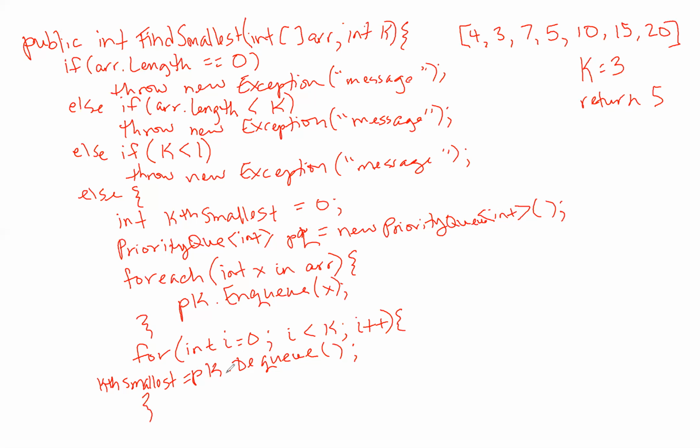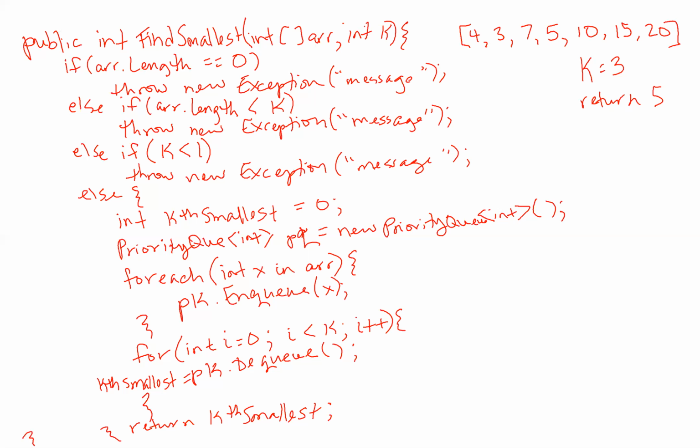So that would be correct there. And then we would return the kth smallest, and we're done with our function. That's for the else statement. Here's my entire function.